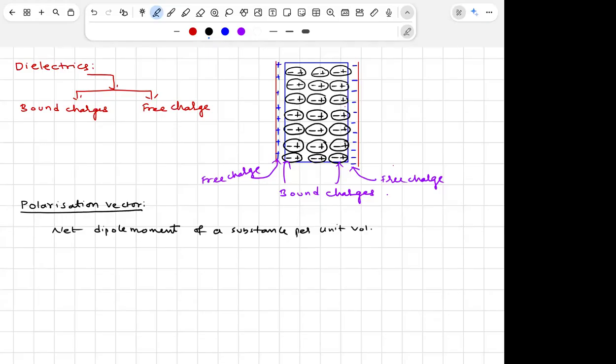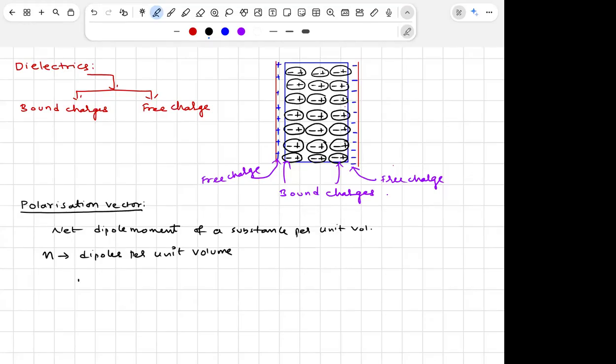Suppose there are n dipoles, where n refers to dipoles per unit volume.